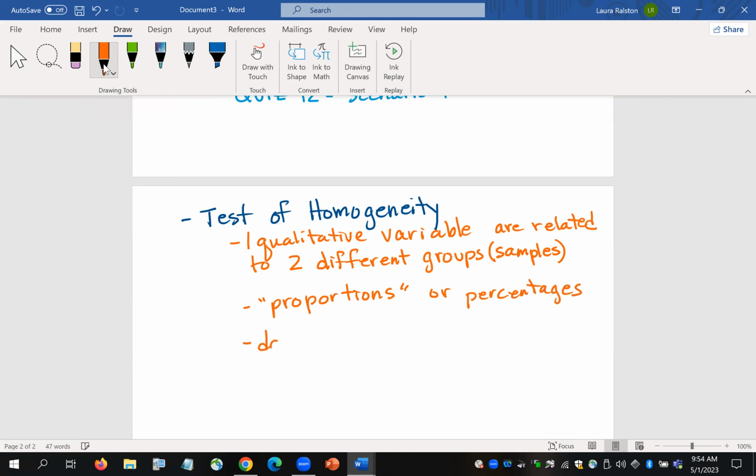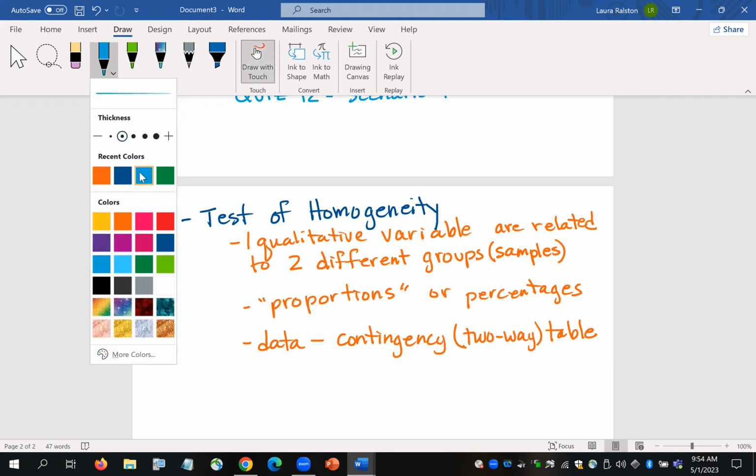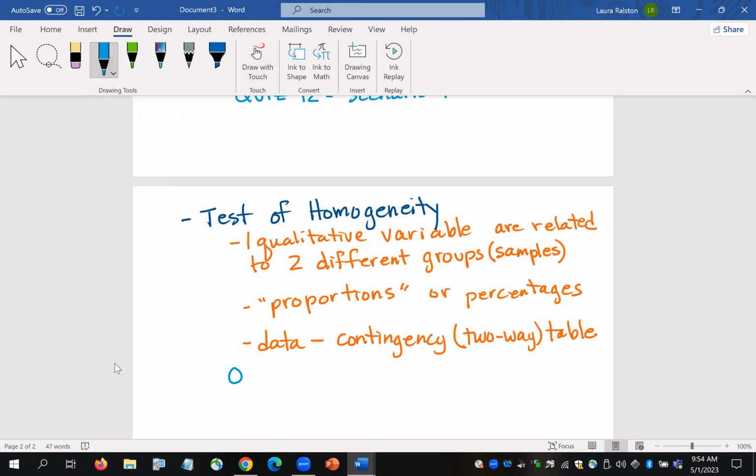The data is also presented in a contingency table. And again, because I looked this morning on quiz 12, this is scenario 5.